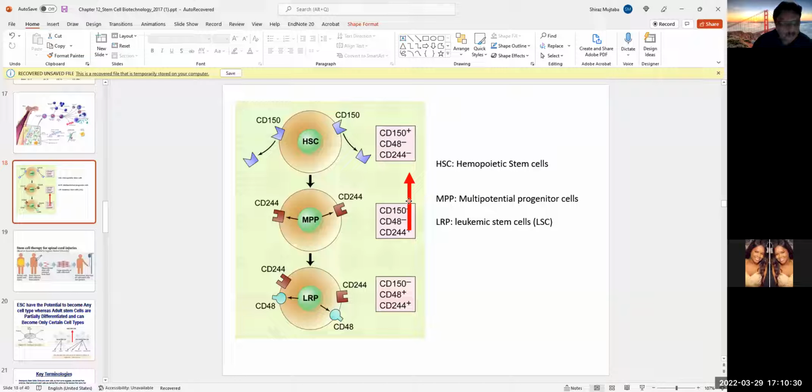So if we are doing an experiment with a patient who is leukemic, and you want to put in a gene or edit a gene or to treat those cells with chemotherapy compounds, then of course you don't want to treat the normal cells. You only want disease-specific cells.